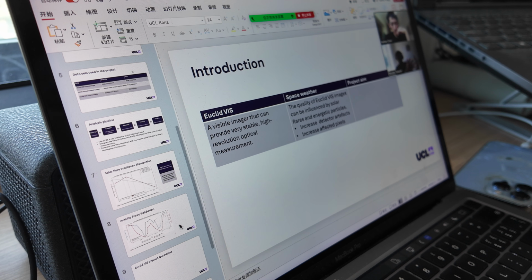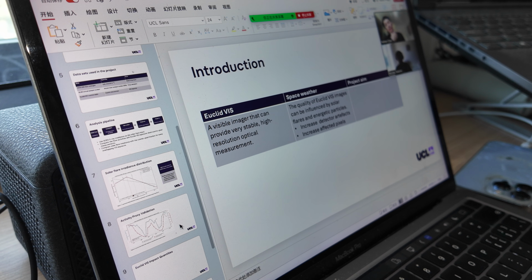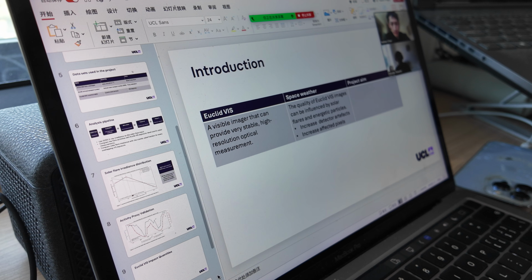Solar flares happen, put out a lot of X-rays and a lot of protons. The X-rays make the images worse, and you can show this from the paper. There's this image in the back where you see what happens.